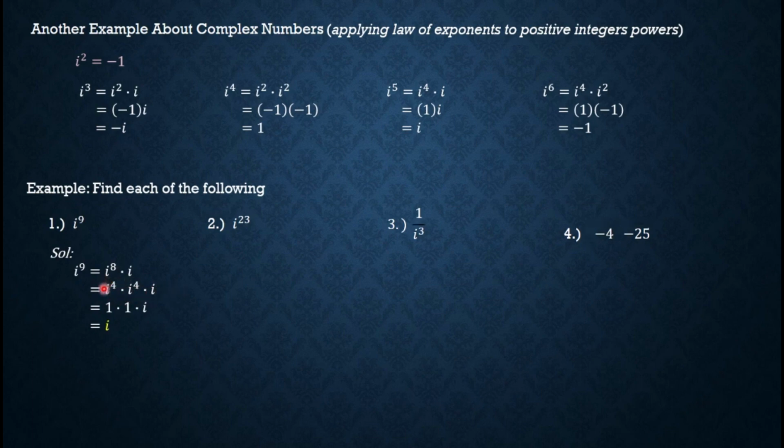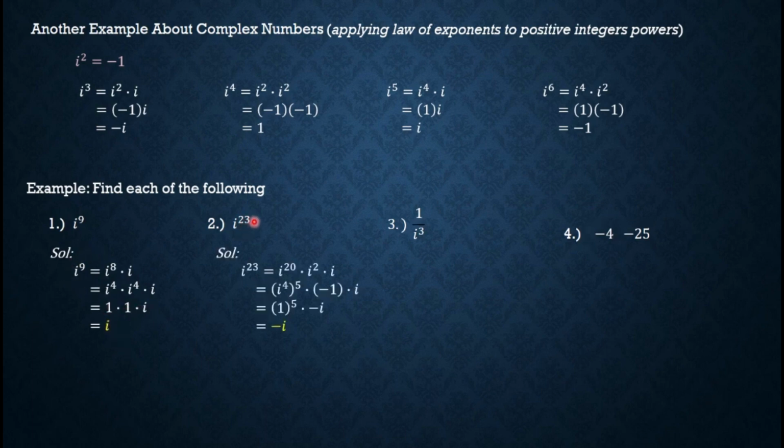It is easy because we factor out the exponent, and we all know that i to the 4 is equal to positive 1. So 1 times 1 times i. Therefore i to the 9 is equal to i.